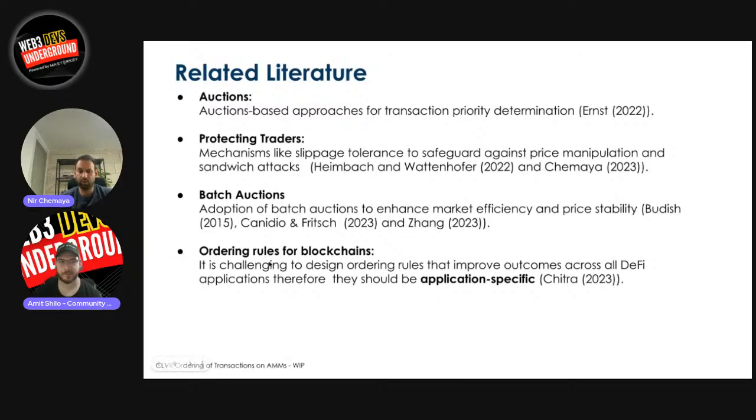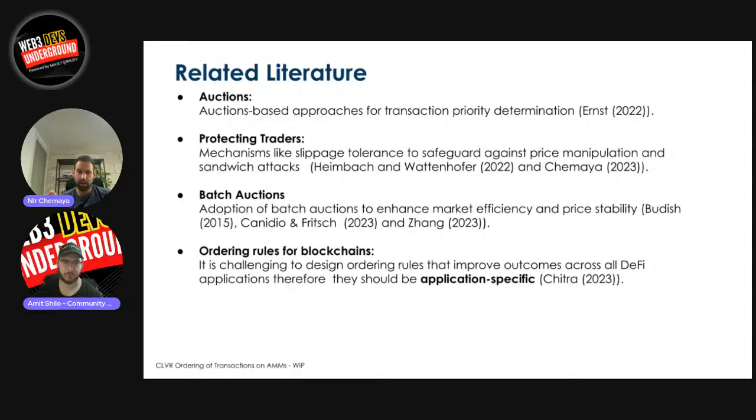So there are a lot of issues with MEV. I'm specifically focusing today on AMMs, but there are a lot of problems with MEV. I think this paper is very good at explaining one issue we have in the consensus layer. There are ways you can have rules about how to execute transactions on the consensus layer. Think about Ethereum. In Ethereum, you can say, okay, let's execute all the transactions first come, first served.